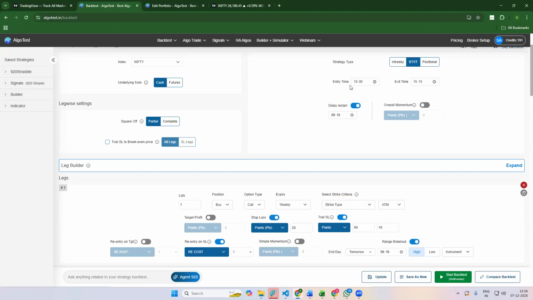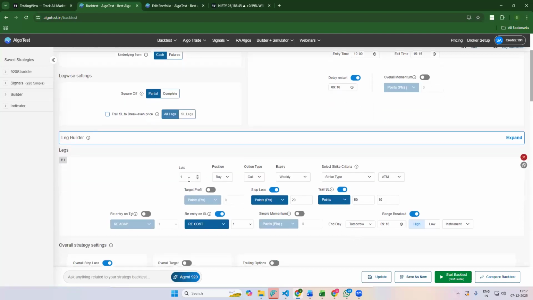We start monitoring Nifty from 9:15, and we'll monitor Nifty till 9:16. Clear? And any high made in that period will be the range for us to enter long. So here we are buying this call weekly, the strike type I'm keeping here is ATM, and the stop loss we are keeping is 20 points on the premium.